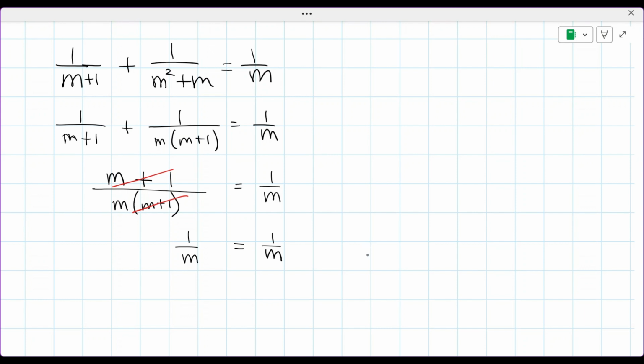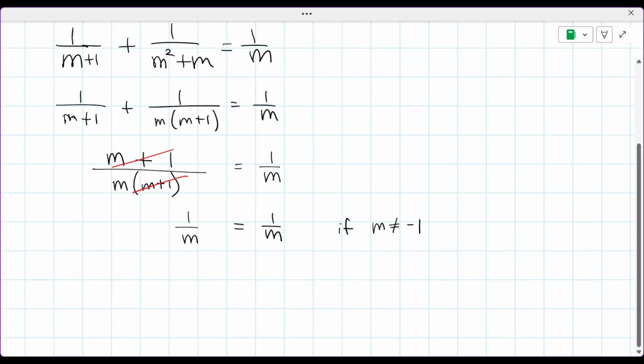This equality is not possible if m is equal to -1. If m is equal to -1, then this identity is not true, because the left hand side will be undefined, whereas the right hand side will be defined. However, if m is 0, that'll be fine because we'll have an undefined case on both sides. So, noticing that non-permissible value, we're complete with this proof.